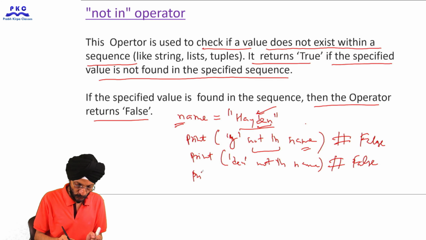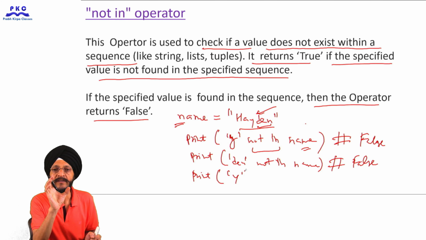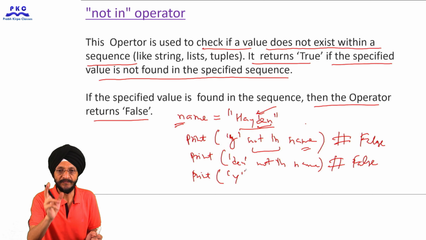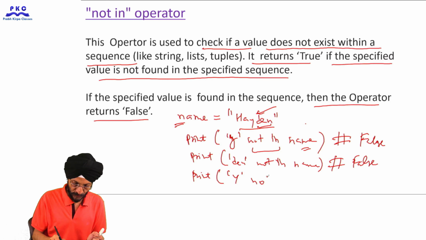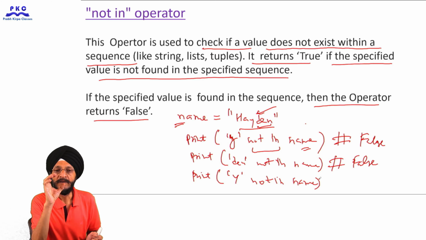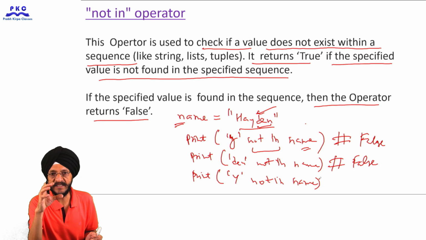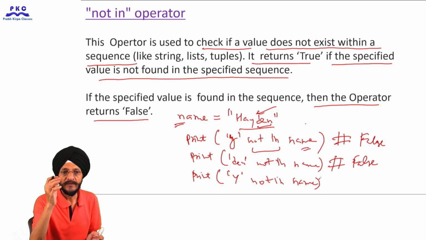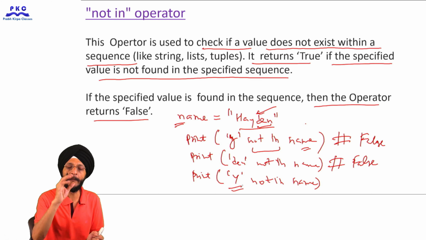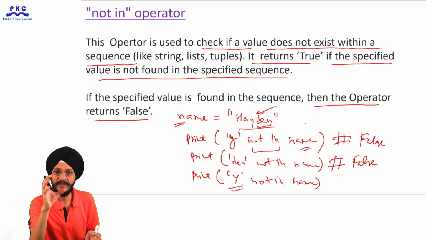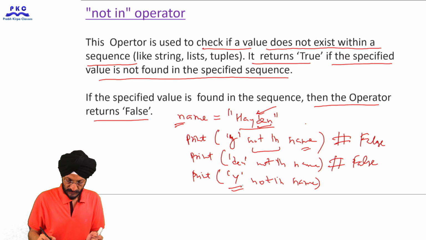If we use the print function, and here the Y is in uppercase, and we use the not in operator to find whether Y in uppercase is present in the string, the answer is true.